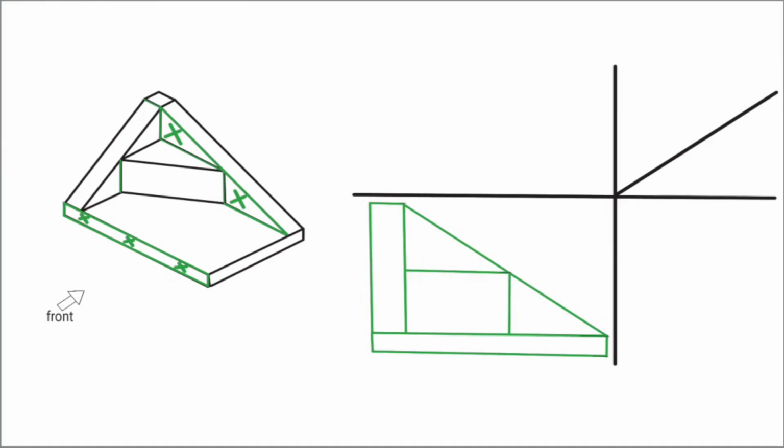Okay, this is how the front view of the object looks like. Before we start drawing the right side view, draw construction lines that extend to the right side and the top.